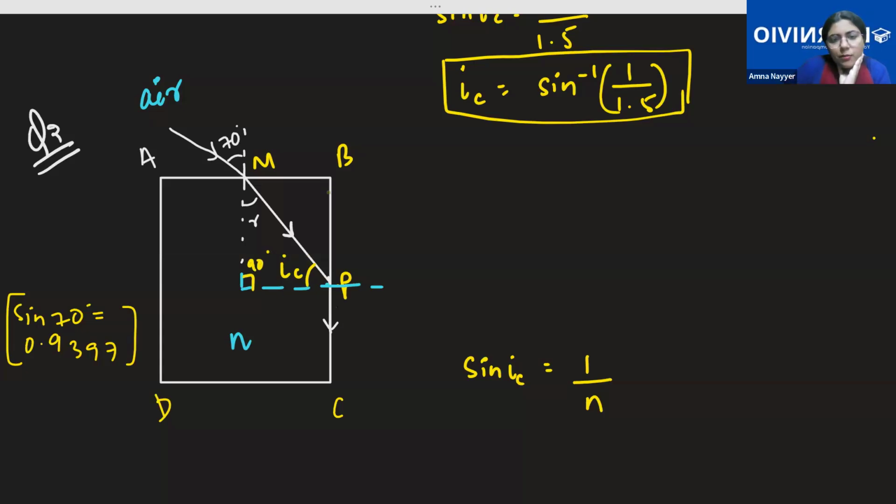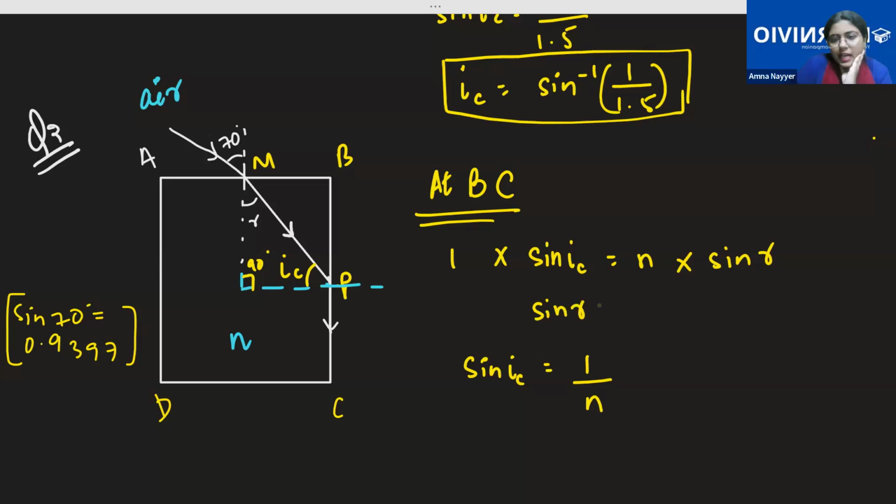Now see, if I talk about this plane surface BC, look here, what is happening? This is the critical angle, and the outer medium is air already. So I can say 1 into sine IC is equal to n into sine R, and we know sine R is equal to 1 because R is equal to 90 degrees.